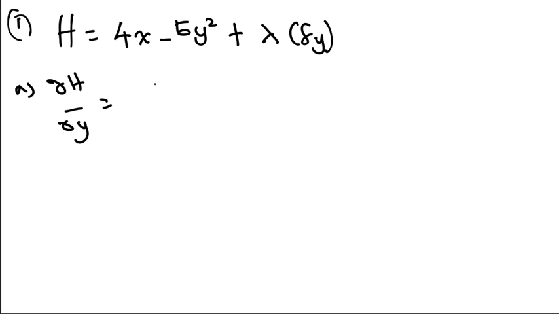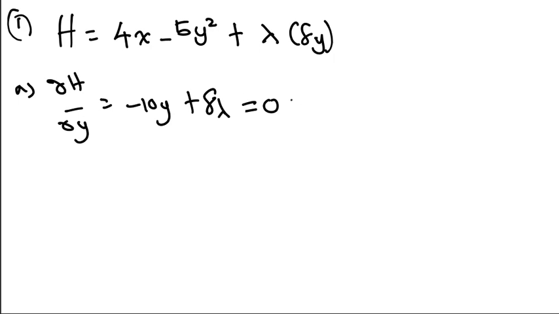Here, minus 10y, by now you should know how to get minus 10y, plus lambda 8. Let me rewrite it properly. So we have 8 lambda, and then equate it to 0.